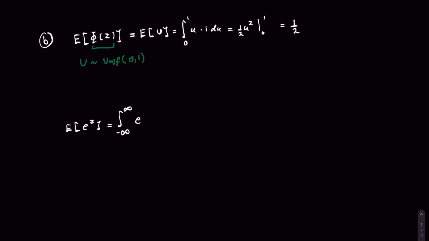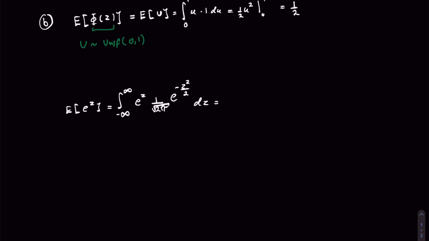Then by LOTUS, we can again just integrate, take the expectation over z, like that, and then we can move out, let's use the following thing here.